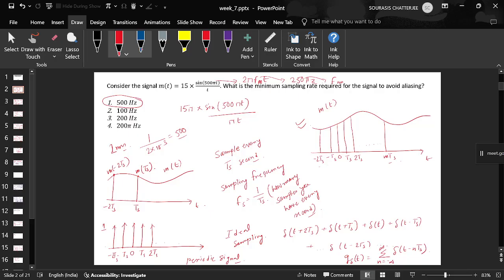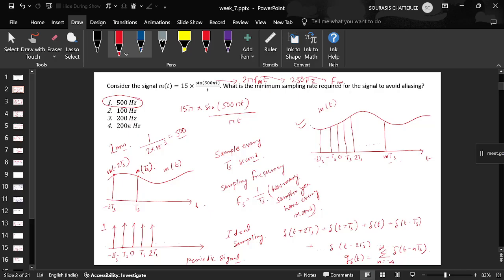It turns out there is a relation between the sampling rate and the maximum frequency component of your message signal. There is a certain relation so that you can avoid aliasing. Aliasing is more clear if you look at the frequency domain representation of the signal.